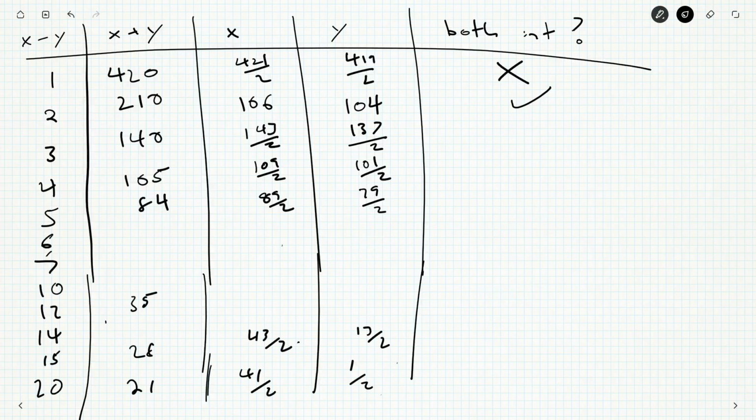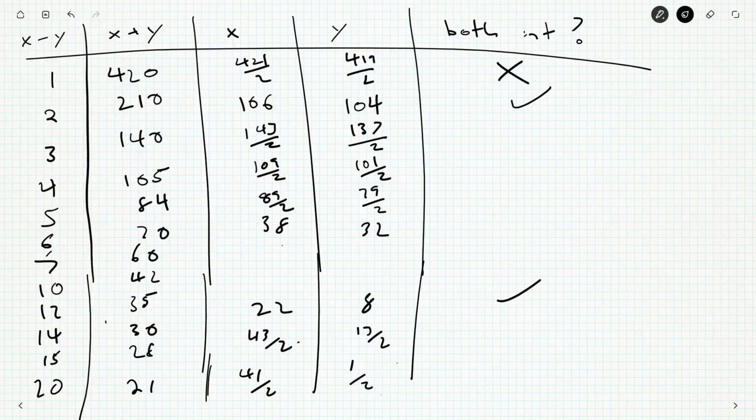So 12 went with 35. We got 42, 60, 70. What was with 14? Oh, 30. And that did give us an integer solution, so that'll be 44 over 2, which is 22, or 16 over 2, which is 8, and that is a positive integer.